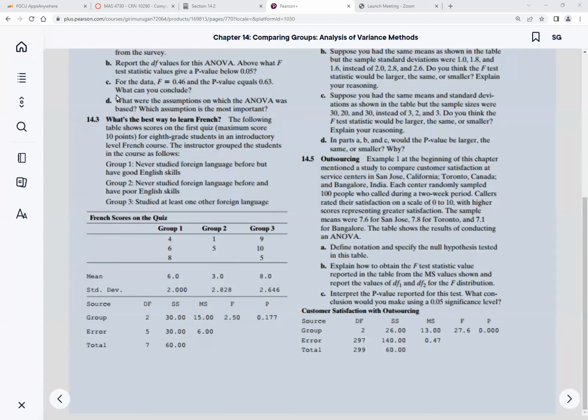There is the ANOVA summary, but what I'm going to do is show you how to find this using the calculator.